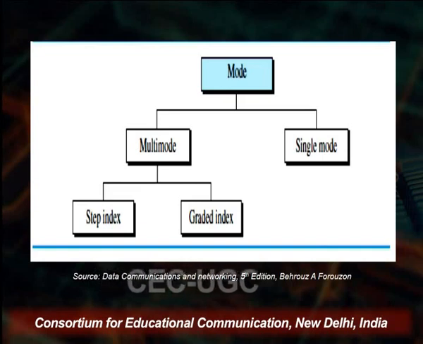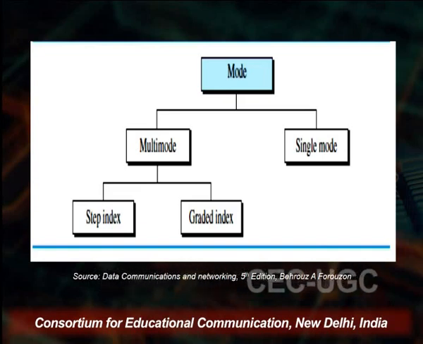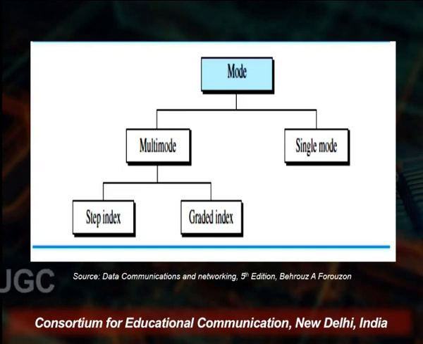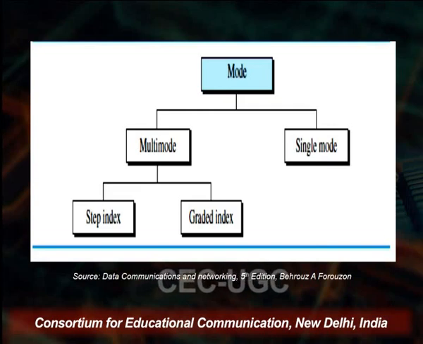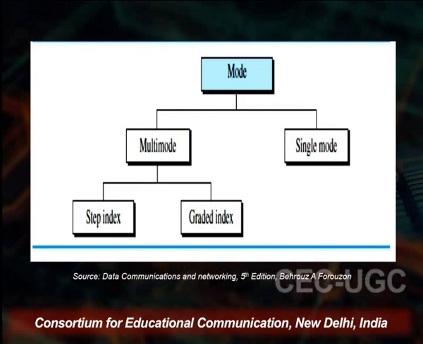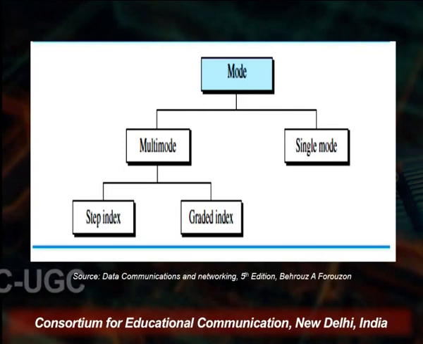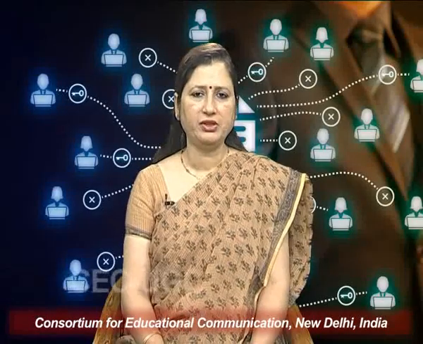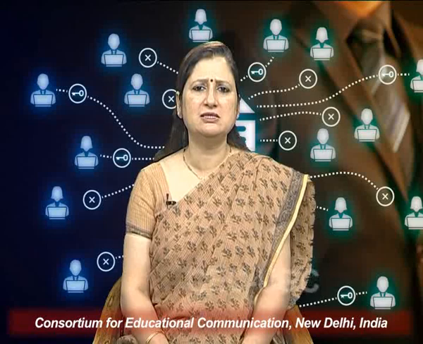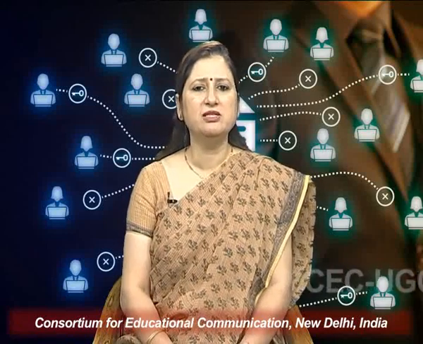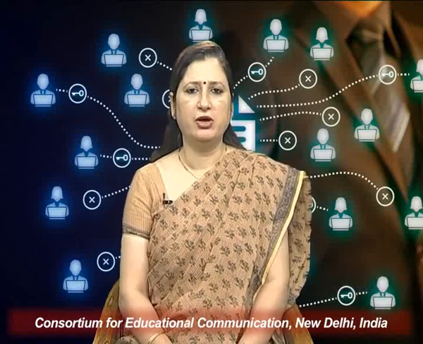Multi-mode basically means that there will be more than one signal moving across the core at any given time, and this can be done through two methods. One is the step index mode, and the other is the graded index mode. And of course, the simple method is the single mode method, in which one single signal will be flowing.